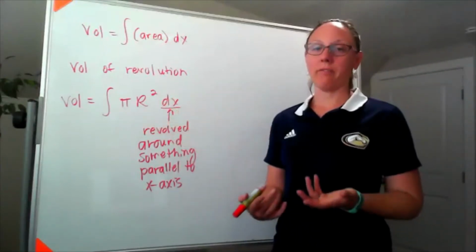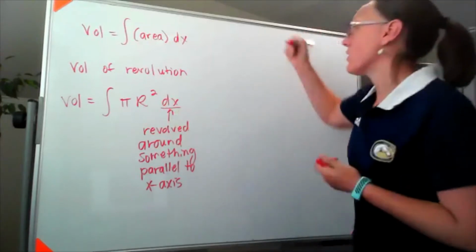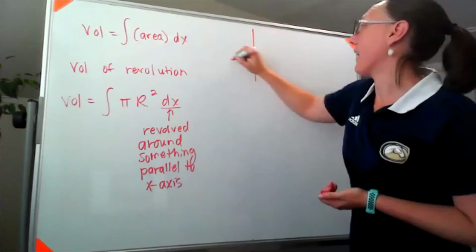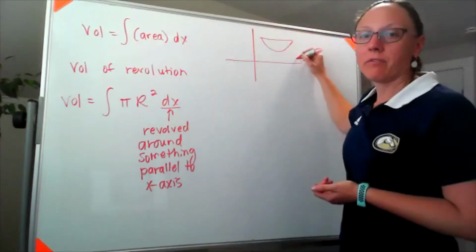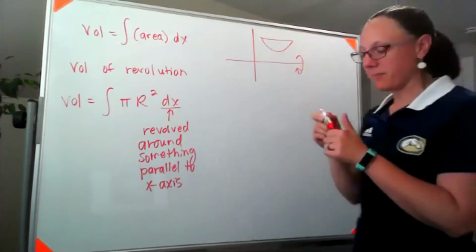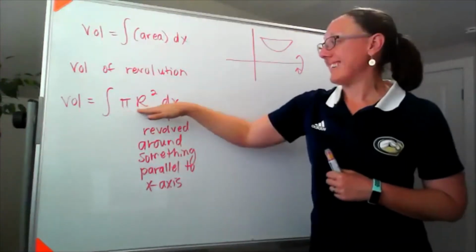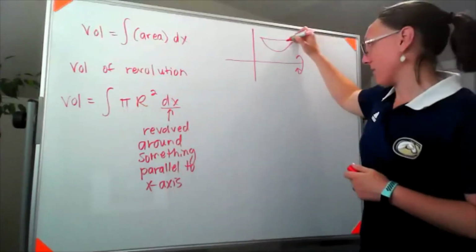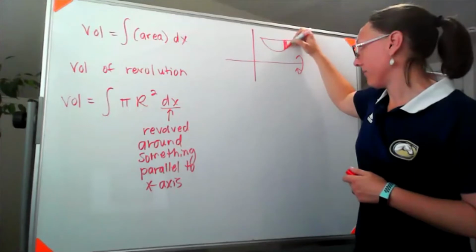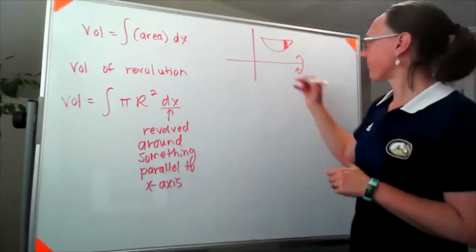If what I'm revolving around isn't actually touching the axis, so for example, if I had some shape out here and I revolve it around the x-axis, well, we're not going to get a disc with a little bit of thickness, because if I take a cross section here and I spin around the axis, it's kind of hollowed out.